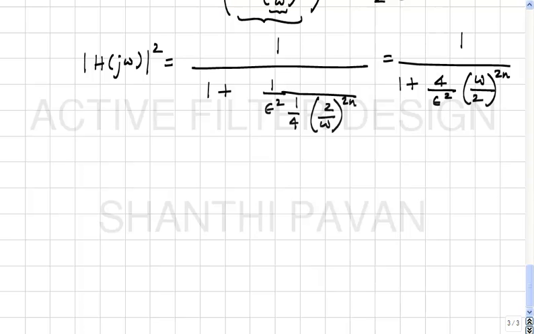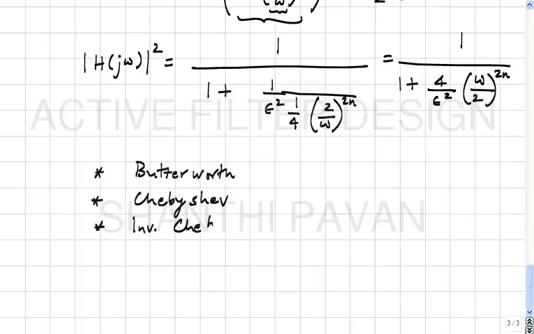Just to conclude this part, we have seen Butterworth, Chebyshev, and inverse Chebyshev. We figured out how to find h of s.